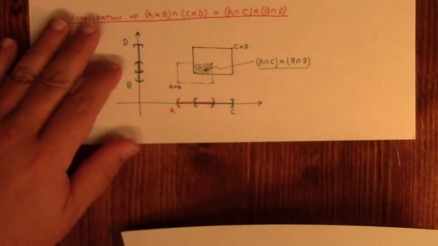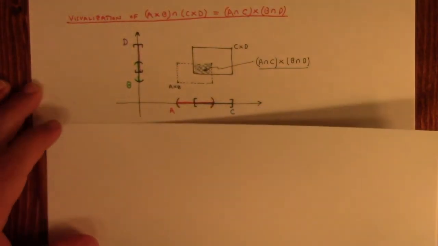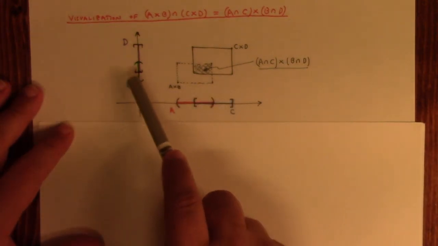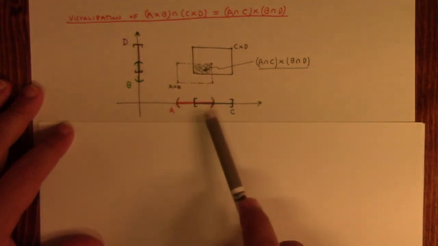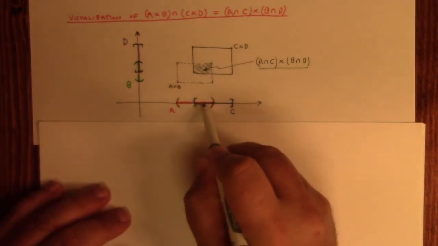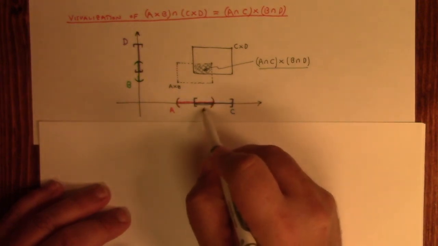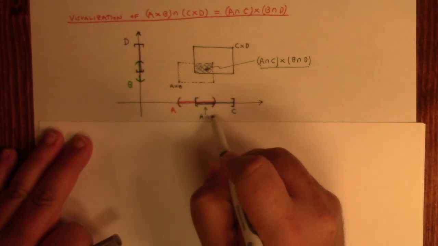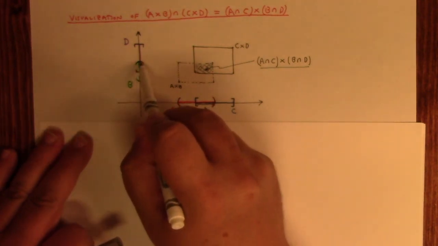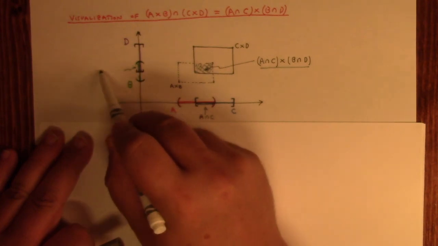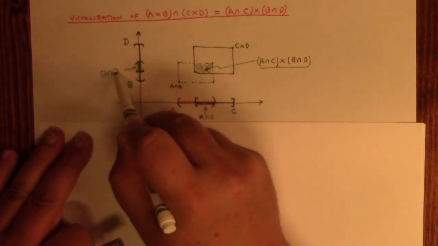So let me look at the picture for the other one. Here I've got A, C, B, and D. The intersection of A and C is right here, and the intersection of B and D would be there.